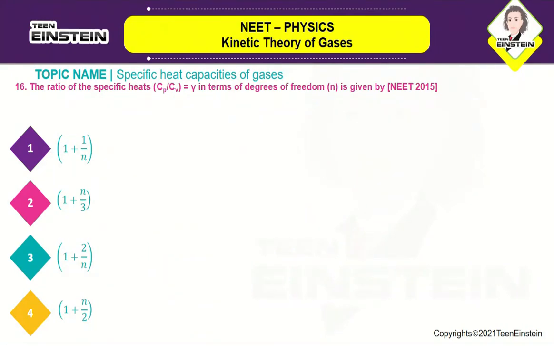The ratio of the specific heats Cp by Cv is gamma. In terms of degrees of freedom n, it is given by.